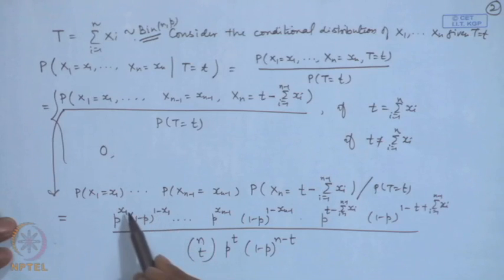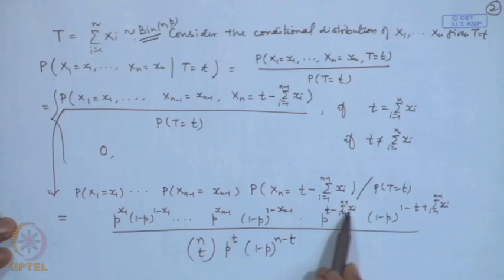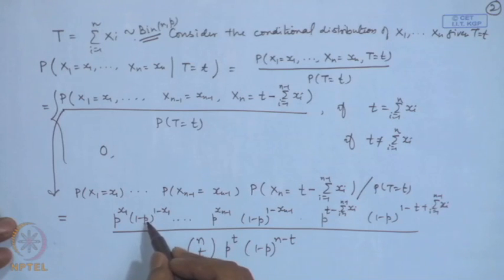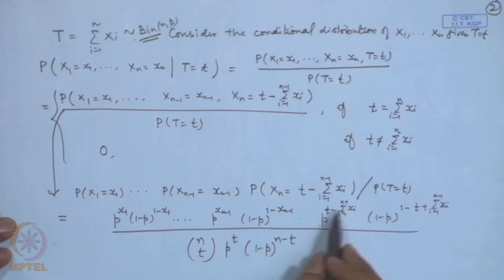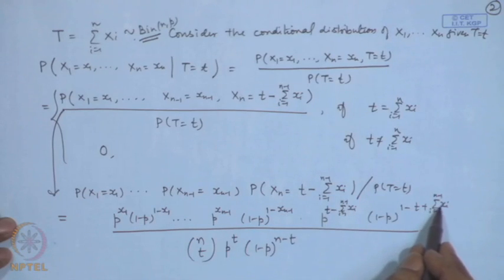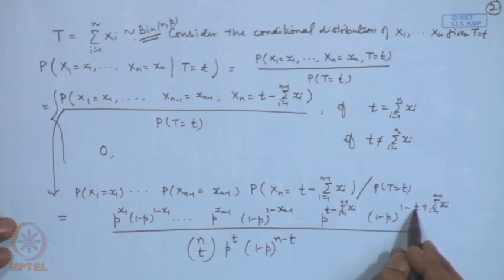Now, we can easily see in the numerator, if you add the p exponents, you will get p to the power t. Similarly, if you add the 1 minus p exponents, you will get n minus sigma Xi. That will cancel out with plus sigma Xi, and you get n minus t.